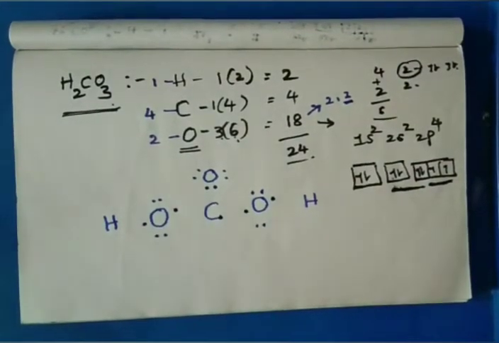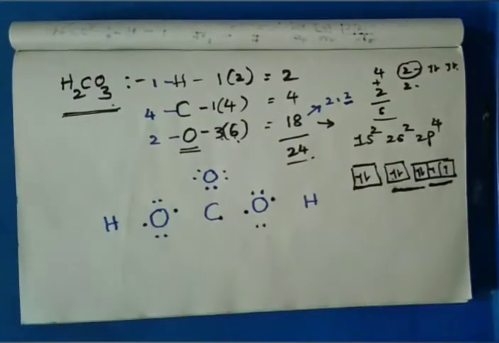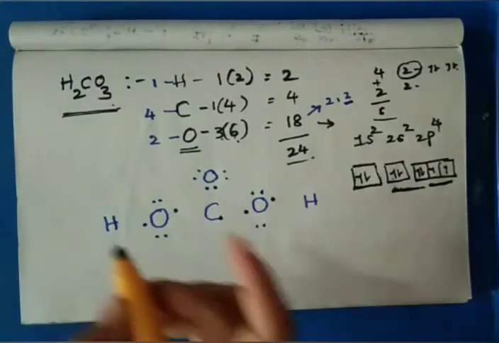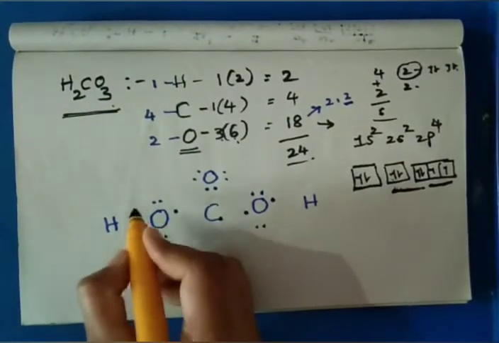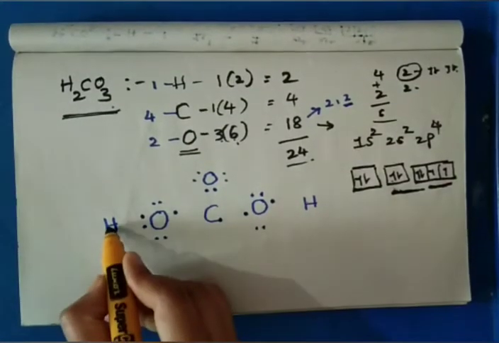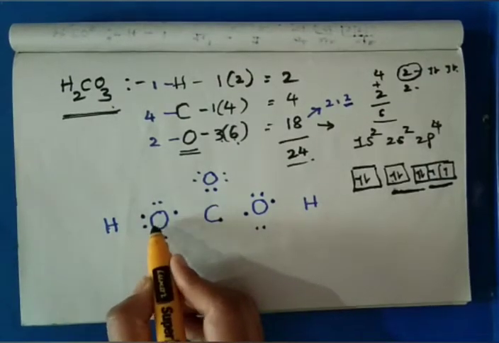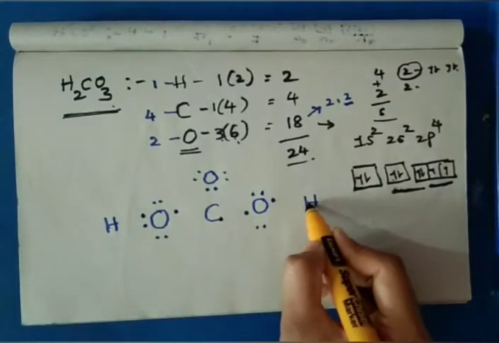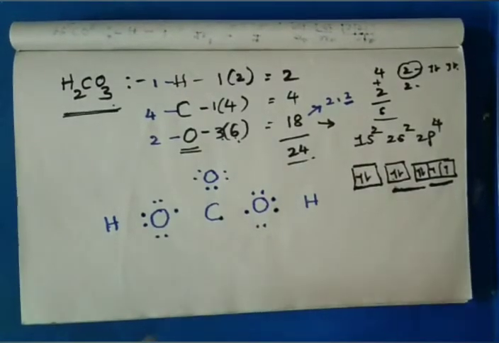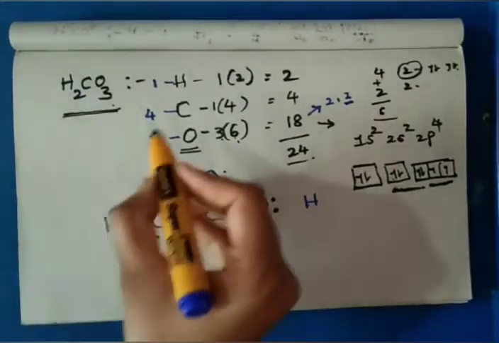Next, hydrogen shows only valency 1, a single bond. This dot belongs to hydrogen and this dot belongs to oxygen. Likewise for the other hydrogen.